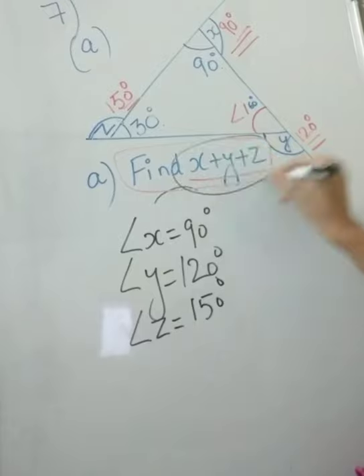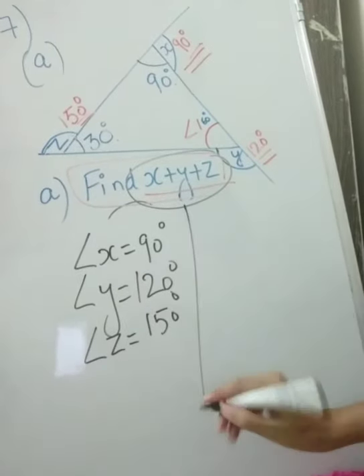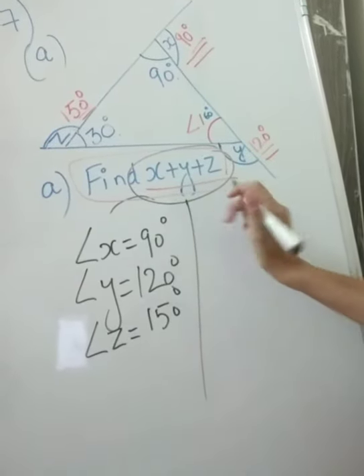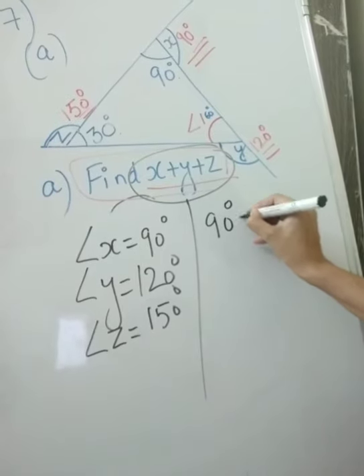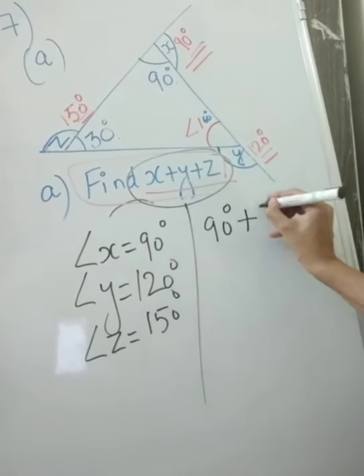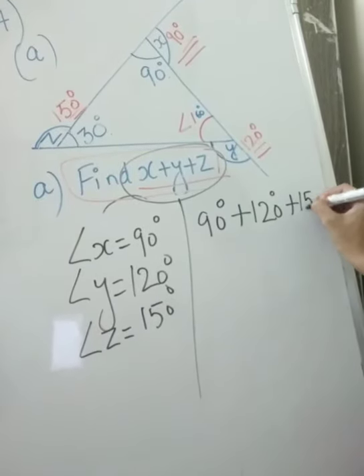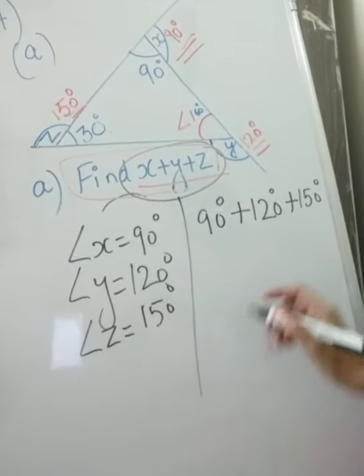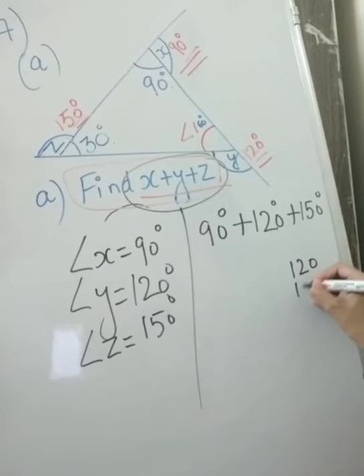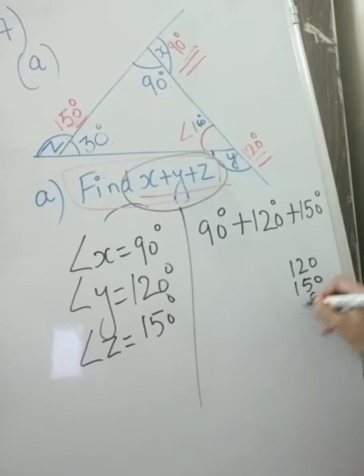Now what we have to do? x plus y plus z. So the value of x is 90 degree plus y is 120 degree plus z is 150 degree. Simply I will add it. So 120 plus 150 plus 90.